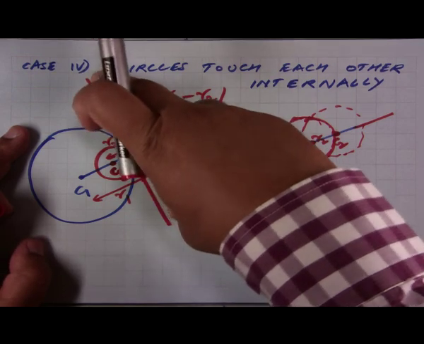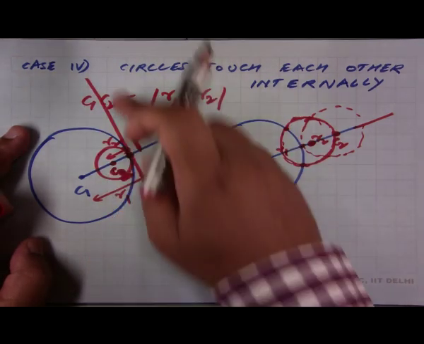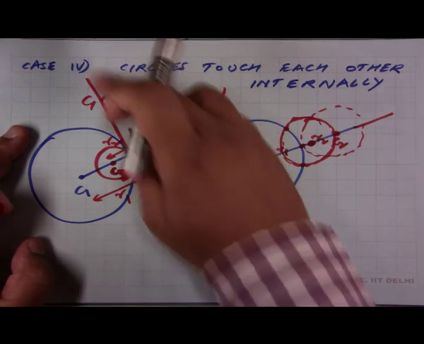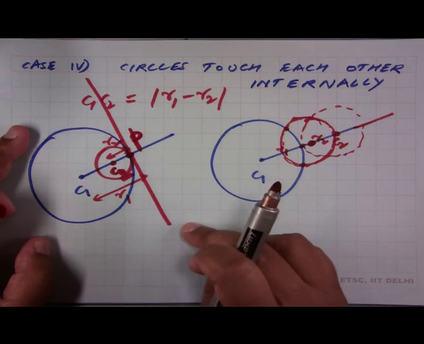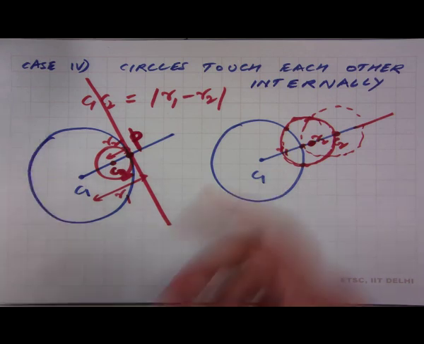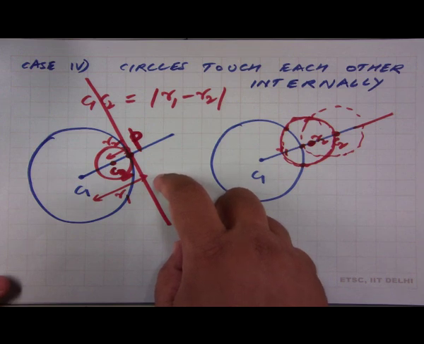So, in this case there will be no transverse common tangents, just a unique direct common tangent, whose equation is not very difficult to find. We will again use the analysis for the direct common tangent that we saw in the previous lecture for the first case.